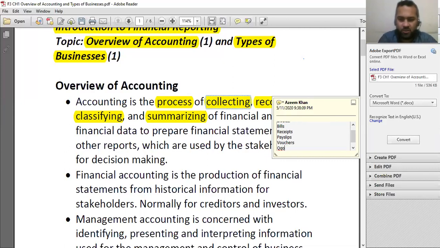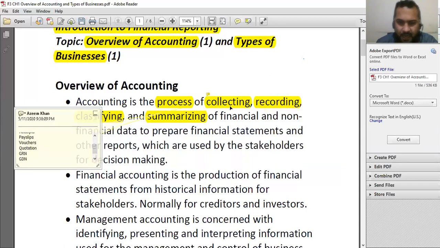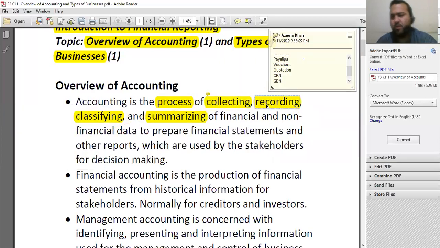You may have a quotation, a goods received note, a goods dispatch note. So these are the documents we will discuss later in the upcoming chapters. So the first step in accounting is collecting.